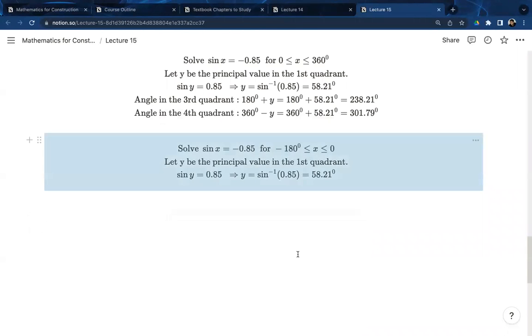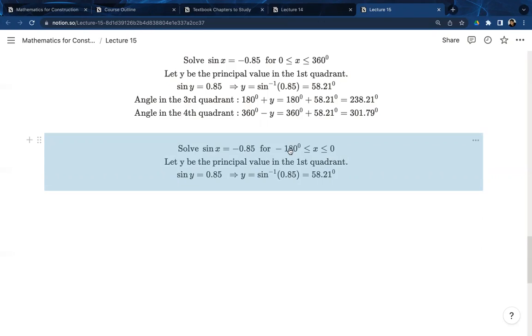So x had to be between negative 180 degrees and 0. Then your answer is different here, because now they want negative values. Look at the lower bound, negative 180 degrees, but the upper bound is 0. So you can't give them a positive answer.